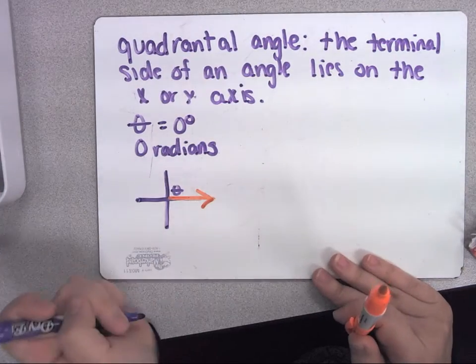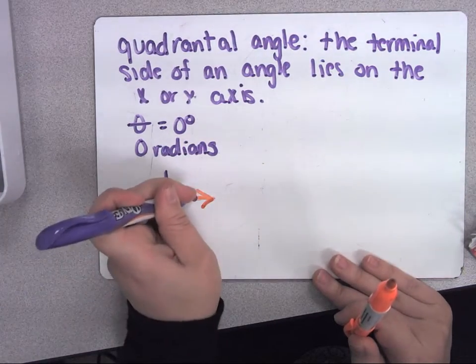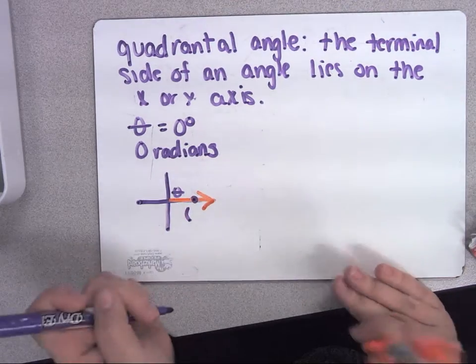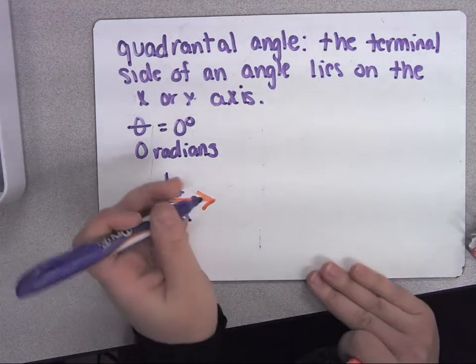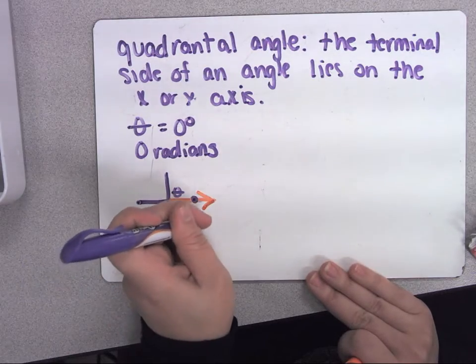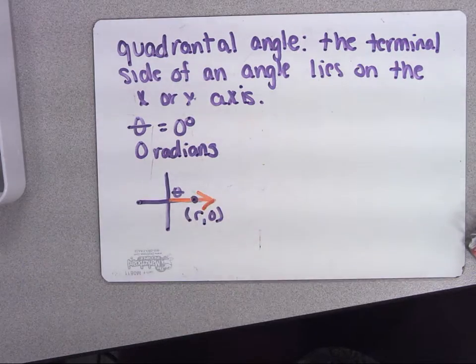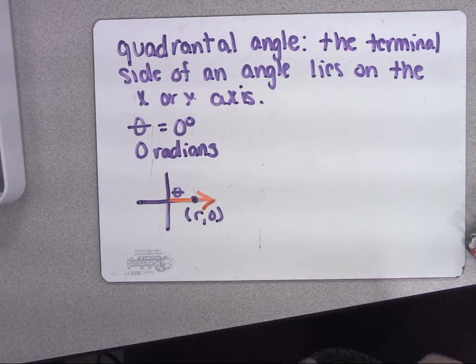So theta just stays right there. When they give you a point on the terminal side, your point would be r comma 0, whereas normally it's x comma y. So you see how r is in there? Now your radius is already given to you, so you don't have to find it. Whatever x is in this case, r is also it.